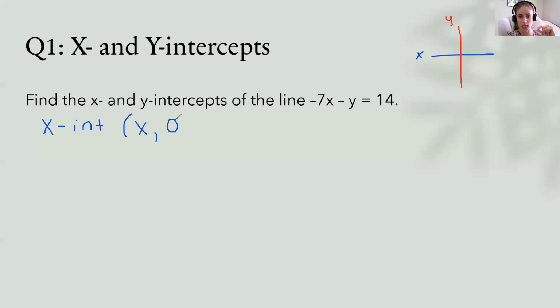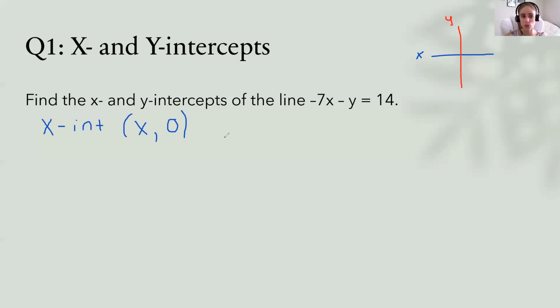You're not going anywhere vertically, not going anywhere along the y. With that information in mind, we can use that plus our equation to find the x-intercept. In order for it to be an x-intercept, your y value has to be 0.